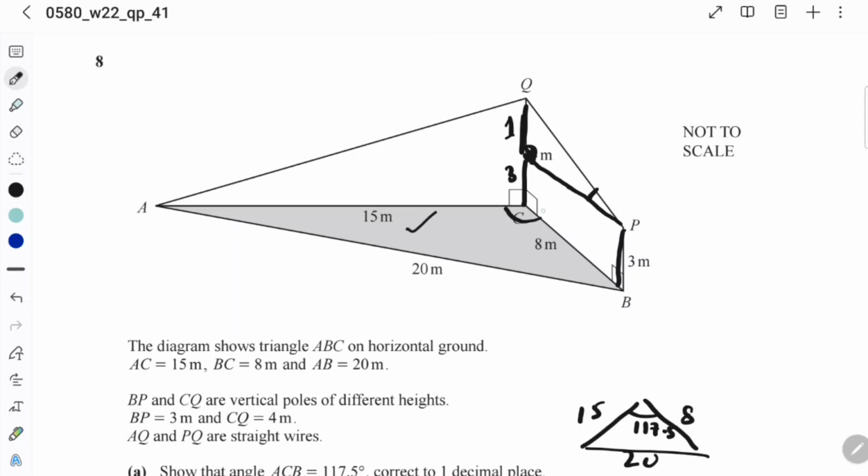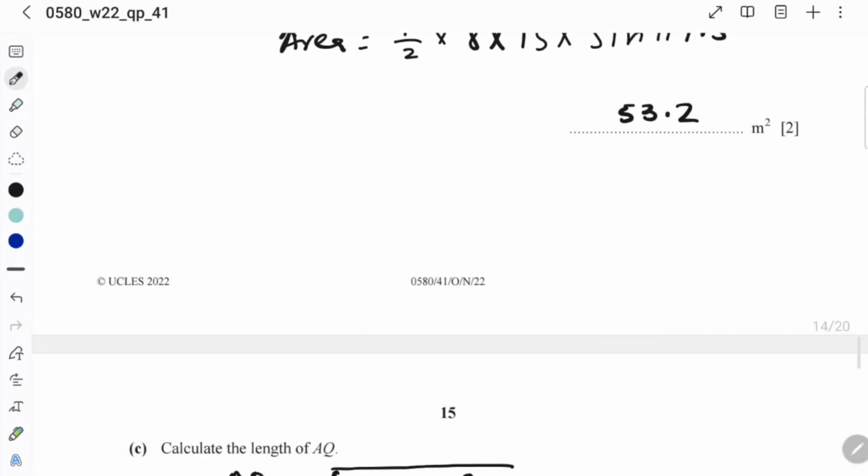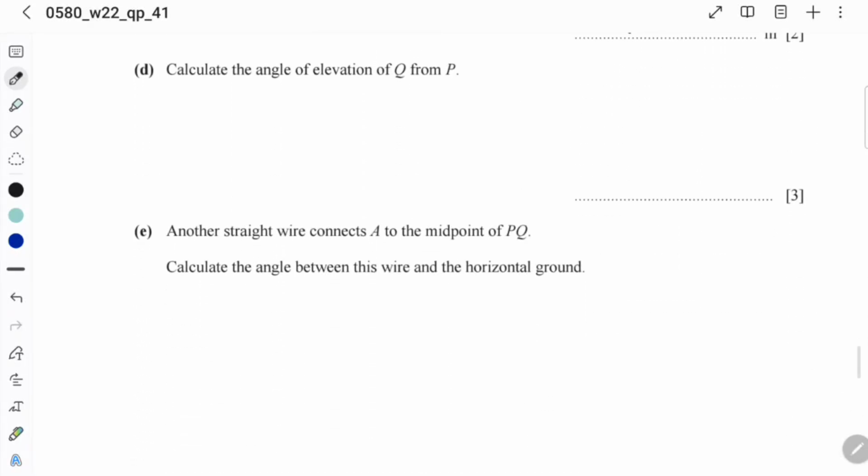And we know one more side, this is 8, so this is also 8. This is from P to Q, with 1 and 8, 90 degrees, and theta.